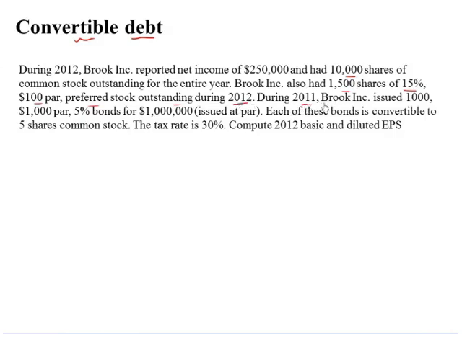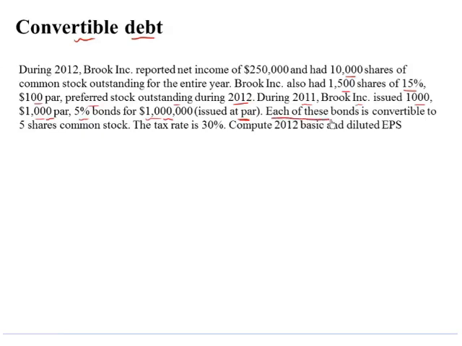During 2011, Brook Incorporated had issued 1,000 $1,000 par 5% bonds for $1 million. Issued at par just means that the price of each bond was the same as its par value of $1,000. Hence, you had to pay 1,000 into 1,000, $1 million for purchasing the bonds.